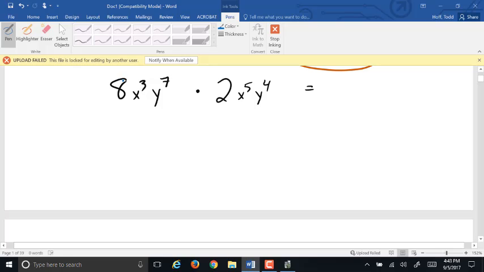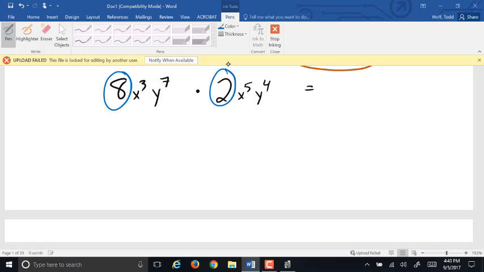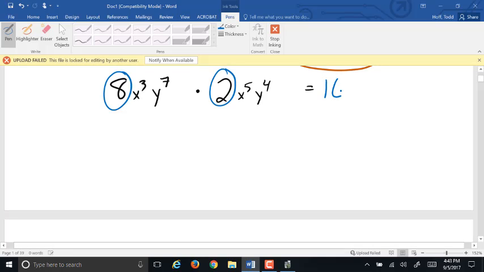When we multiply, we combine the counts. 8 times 2 is 16, but then we combine the names. X to the third and x to the 5th make x to the 8th. Good. 3 plus 5 is 8. Y to the 7th and y to the 4th make y to the 11th. Perfect.